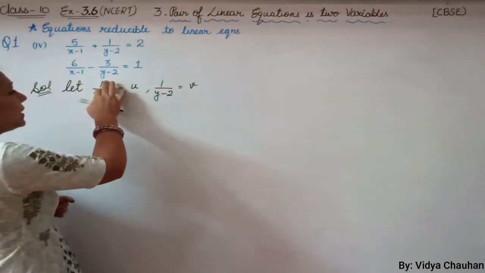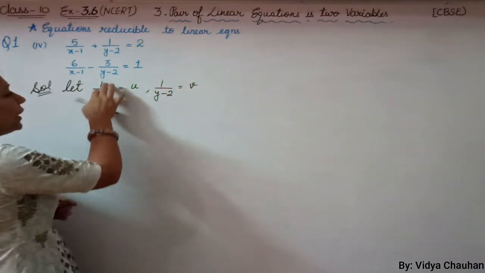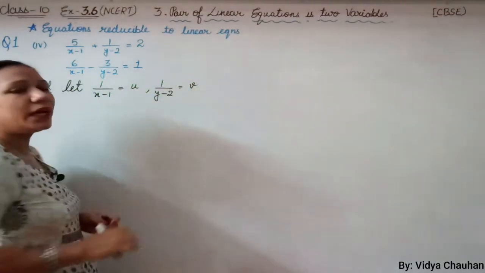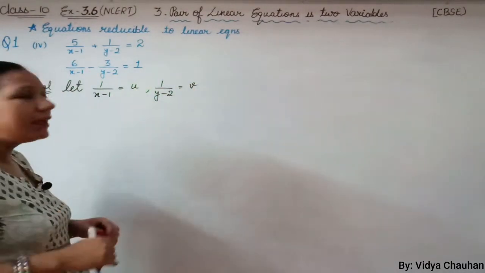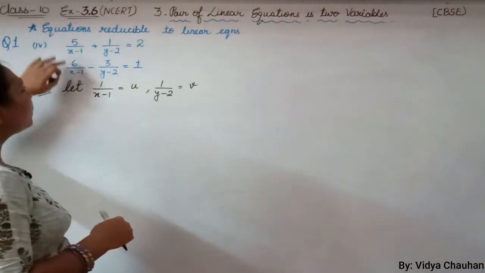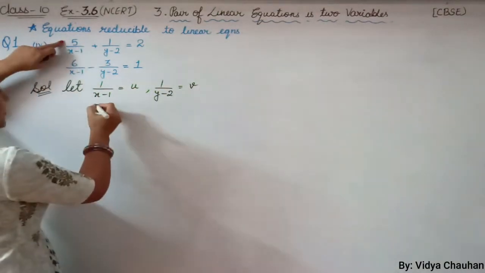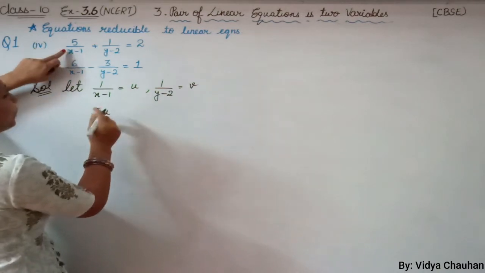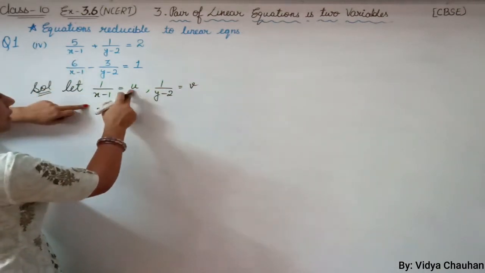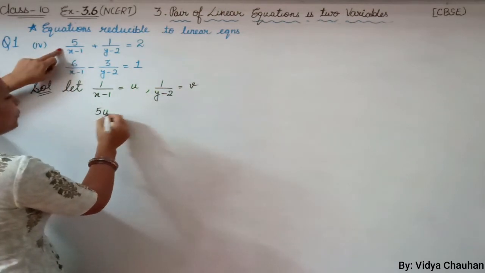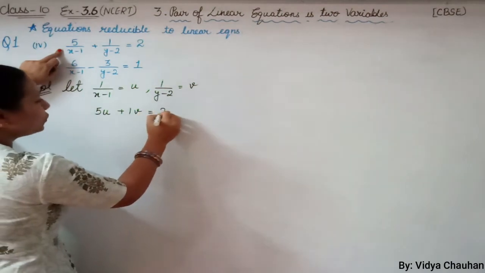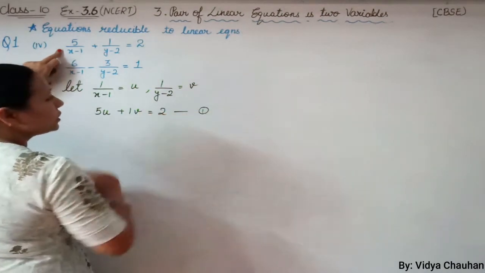So I have put 1 upon x minus 1 as u and 1 upon y minus 2 as v. Now let us see how our new form of equations will be. The first equation will become 5u plus 1v equals 2, because 1 upon x minus 1 is u.